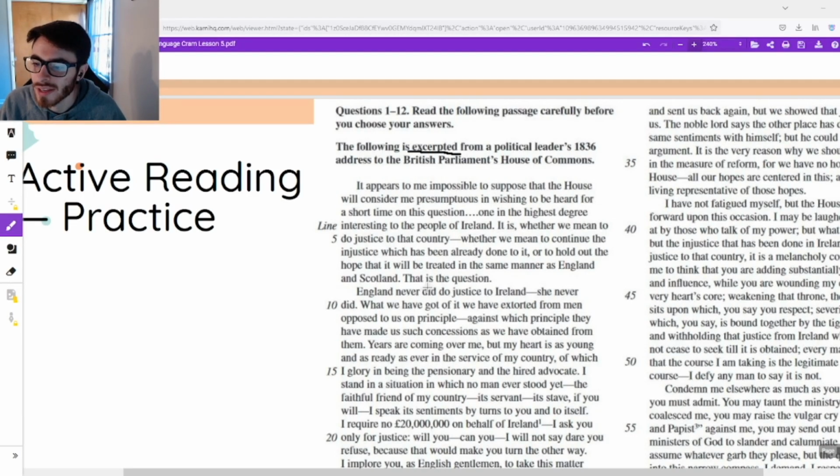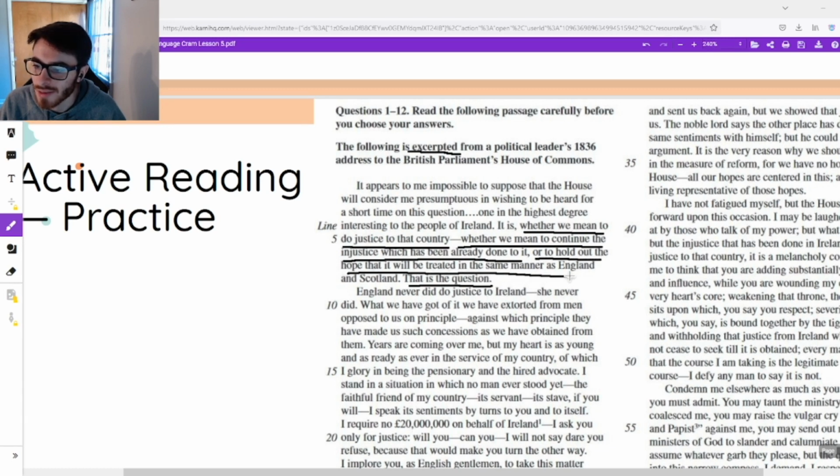Well, there is a question that he kind of wants an answer to. And the question is whether we mean to do justice to that country, whether we mean to continue the injustice which has already been done to it, or to hold out the hope that it will be treated in the same manner as England and Scotland.